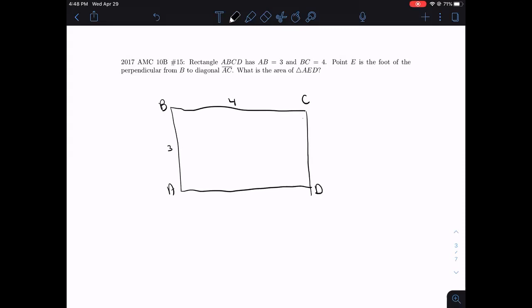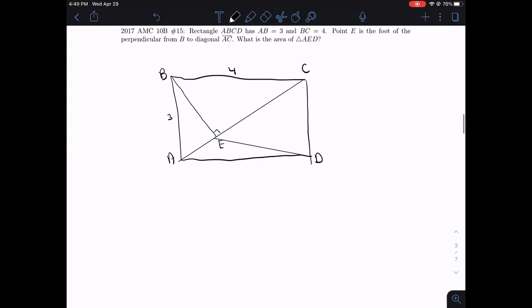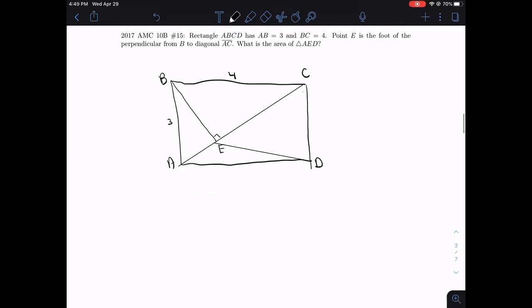So this diagram isn't great, but all right.